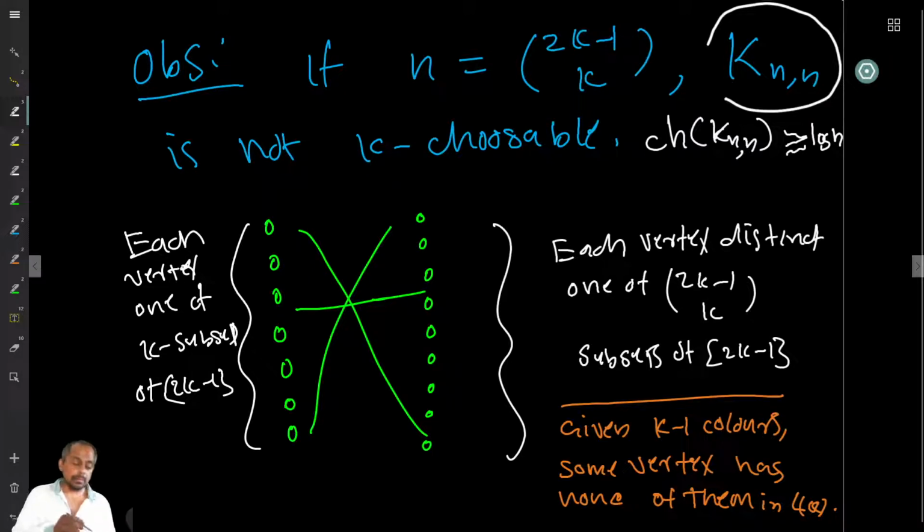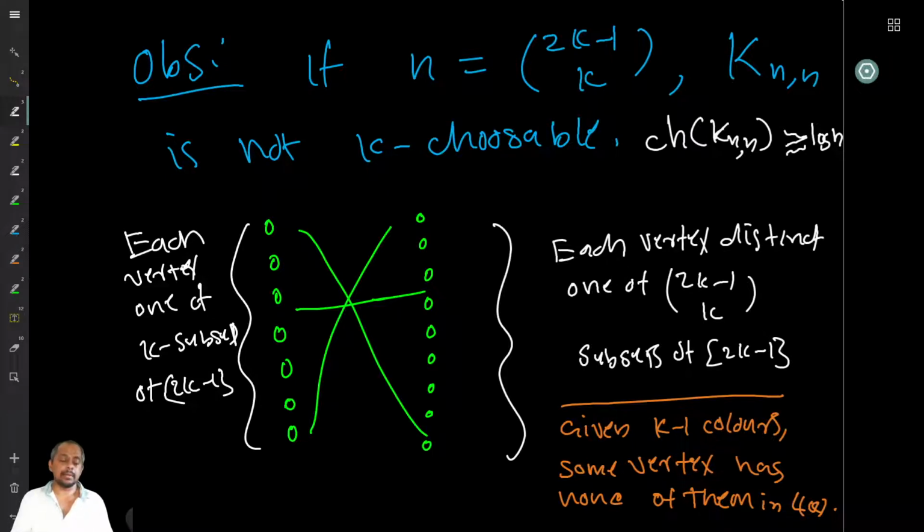Now, why is this true? What I do is take this complete graph K_{n,n}, and for each vertex here I associate one of the k-element subsets of the set 1 to 2k minus 1.